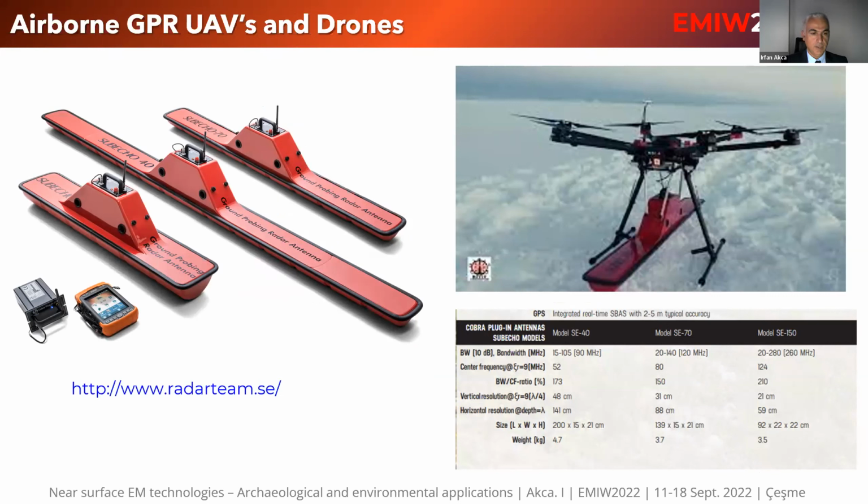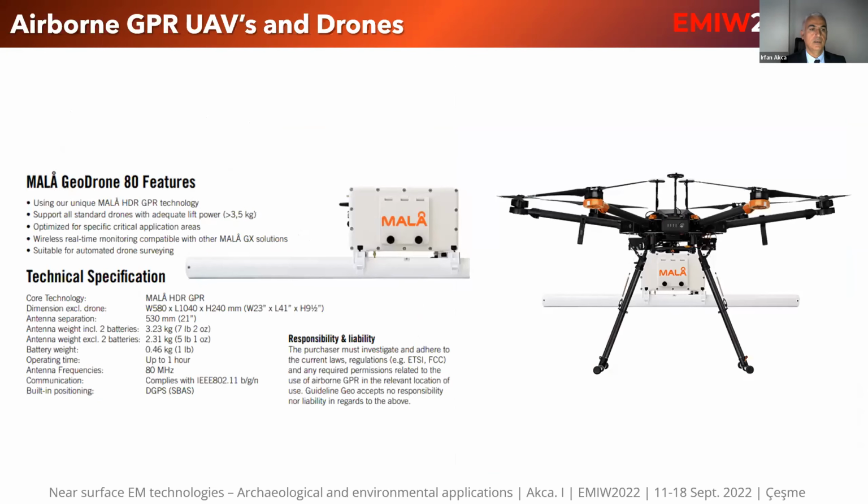But as you see, the frequency differs between 90 to 120 and 260 megahertz, which are low frequencies for detecting archaeological targets. It's not enough. We need higher frequencies to detect archaeological targets. Another device produced by Mala is also available, but its working frequency is 80 megahertz, which is not very suitable for archaeological targets.